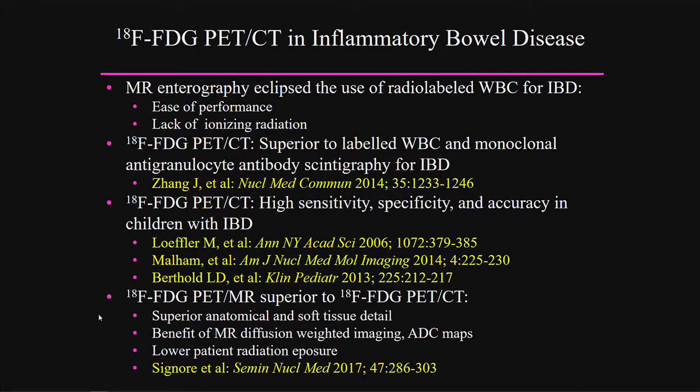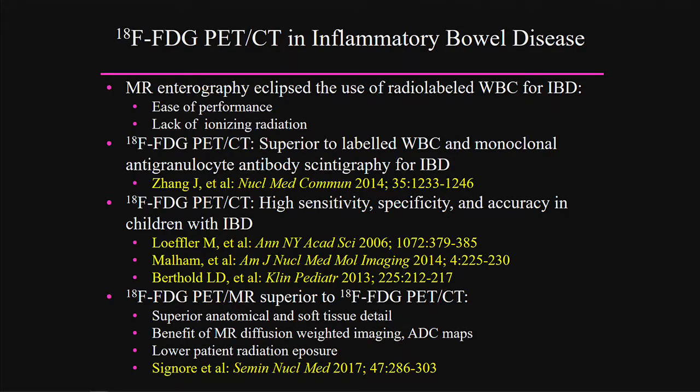What about PET-CT and inflammatory bowel disease? Well, those of us who are radiologists know that MR enterography has eclipsed the use of radiolabeled white cells for inflammatory bowel disease because it's easy and there's no ionizing radiation.